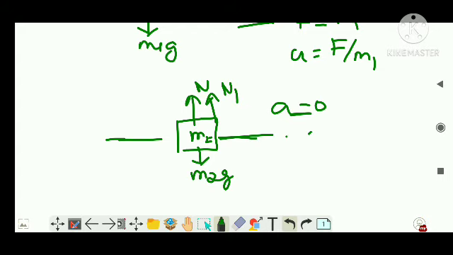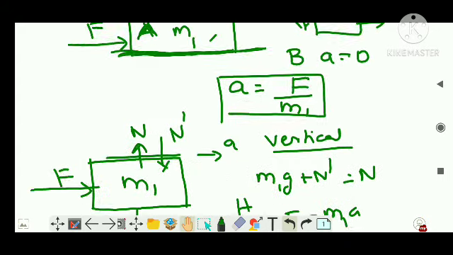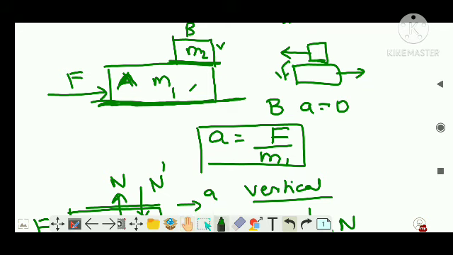Clear? Now suppose there was an observer inside this block. What will he feel? That this block is moving in this direction, right? And how much acceleration? Let's say the acceleration of this first block is 2 meter per second square.